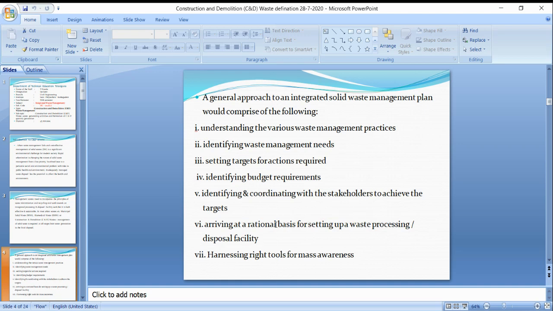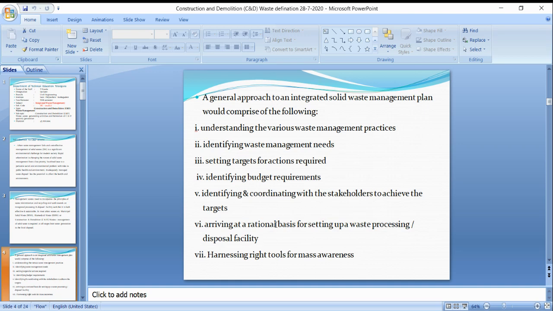Stakeholders are nothing but those who will go to collect and to segregate, and those who want to buy that waste also. They have to identify those persons, and the integrated waste management has to achieve their targets.